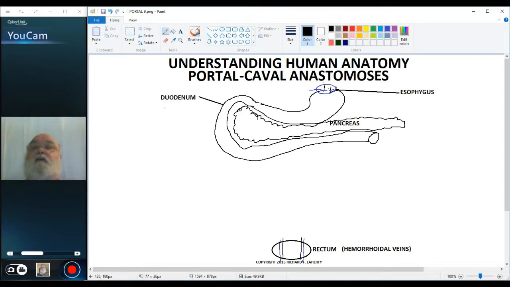Another area that is secondarily retroperitoneal is the ascending colon, and the descending colon.